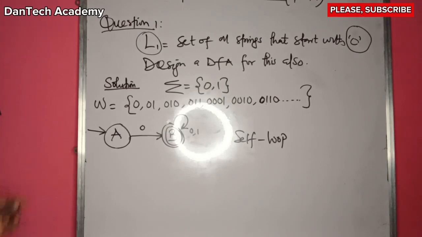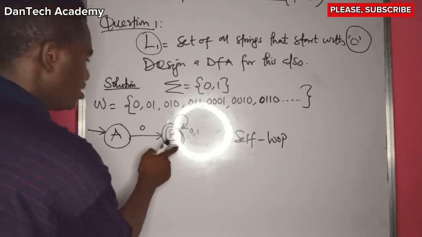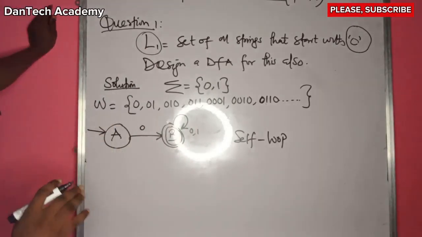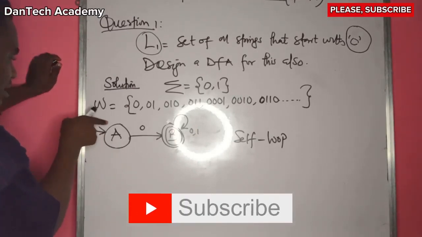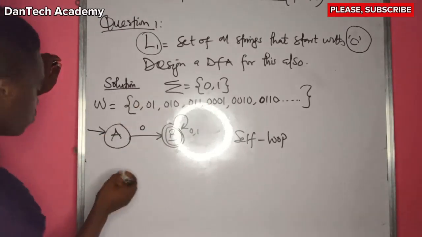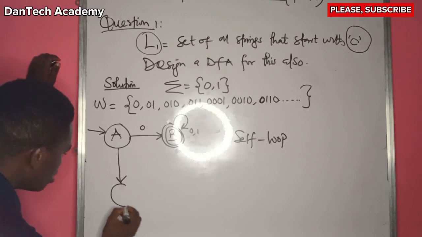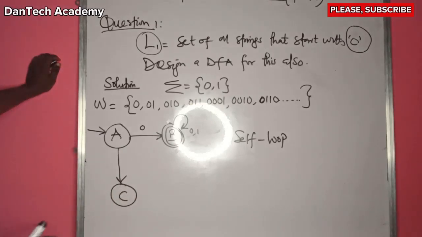To have input of 1 here now, how to solve this is, you have gotten to this state, just leave that aspect. Come here and put, if I have input of 1 from this start, where is it moving to? We have to move another one here, and this one now we move to C. This C is not a final state.